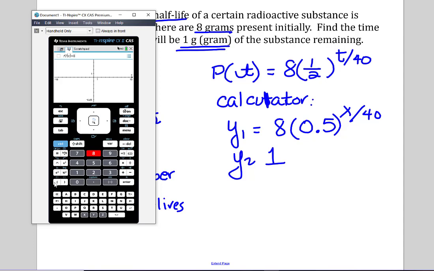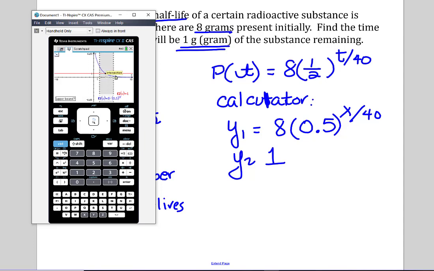So 8 times the half power raised to x is y1, and then in y2 we want 1 remaining gram, so move these out of the way, and where they intersect right there is what we're looking for. That's going to be our solution.